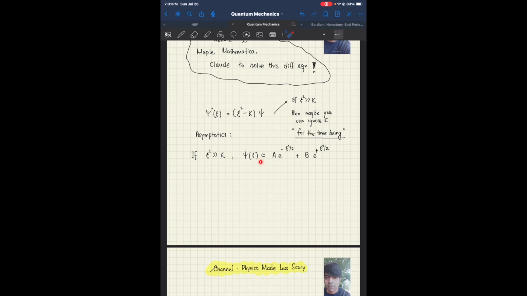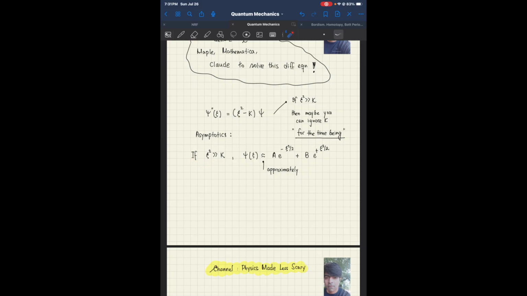This symbol means approximately. Why approximately? Because as I mentioned, you are really looking at a regime, right? So you should be clear as to what you're doing. You are looking at the solution of this equation when this parameter xi is much greater than k.